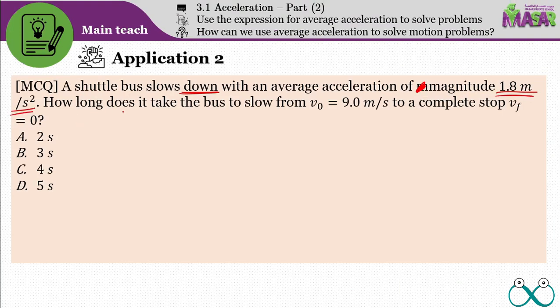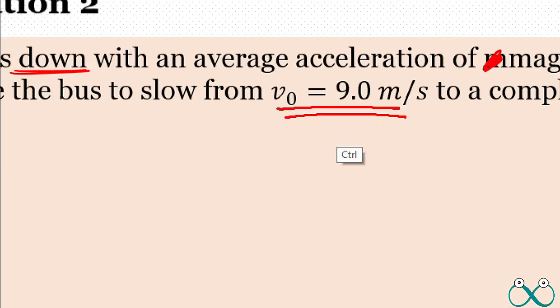How long does it take the bus to slow from v0, 9 meter per second, to complete stop, v final 0? So the initial velocity before the bus decelerates is 9 meter per second.